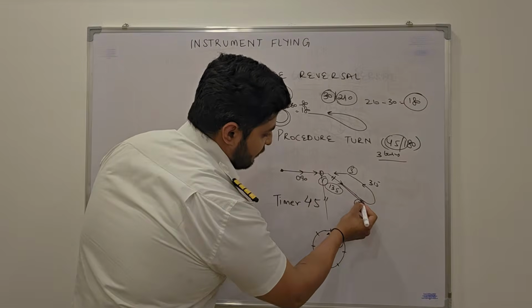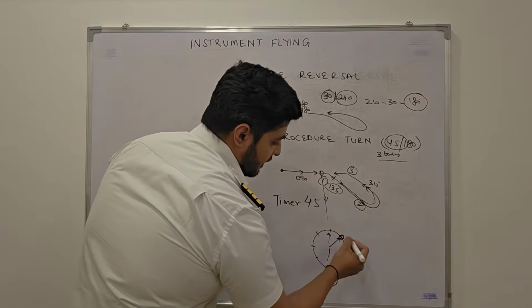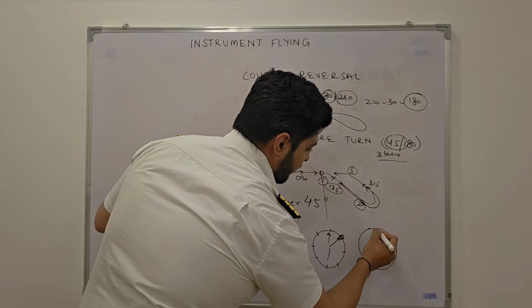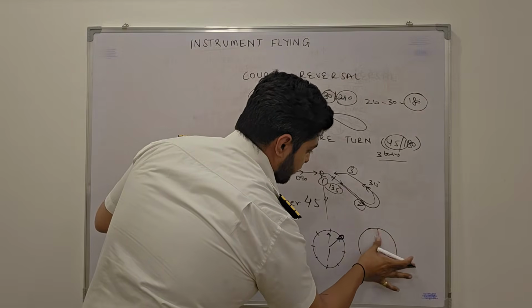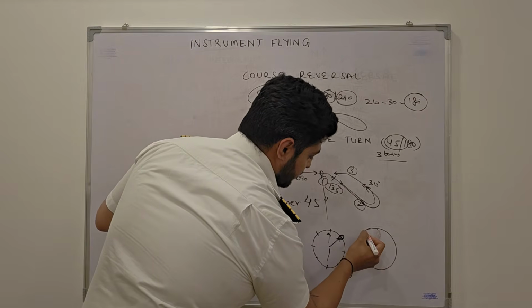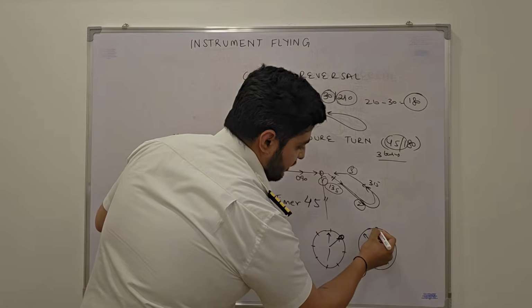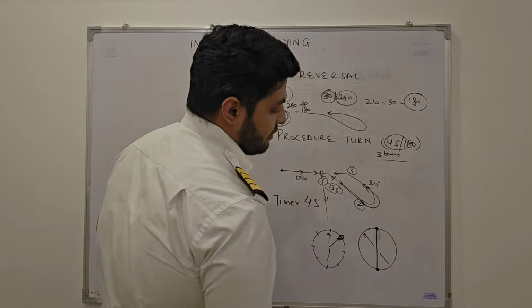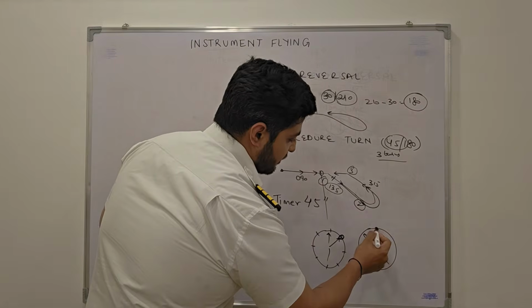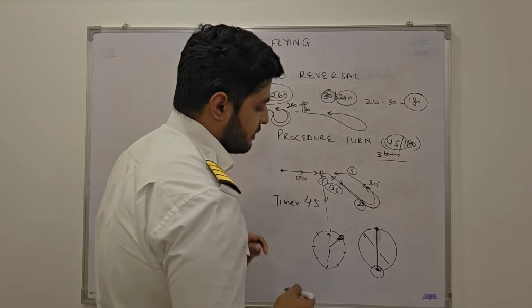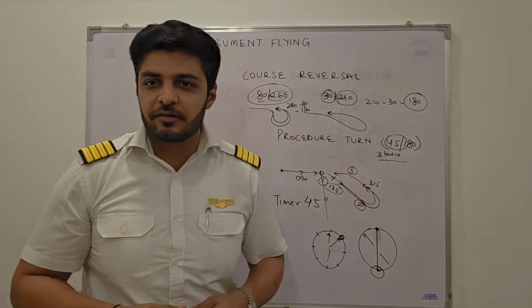When I have to turn 180 degrees to this, if I'm flying this heading, then 180 degree will be bang opposite to that. So I have to just shift from this heading to this heading. So do not use calculations, get rid of them.